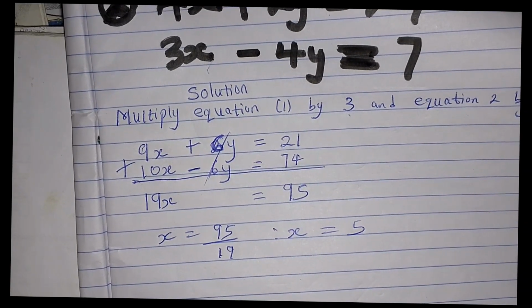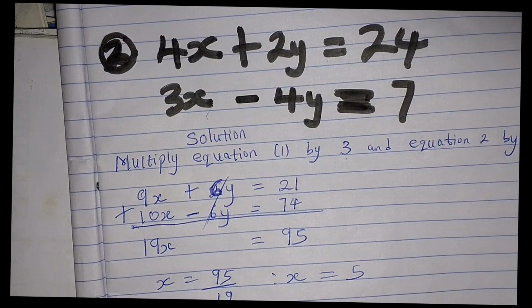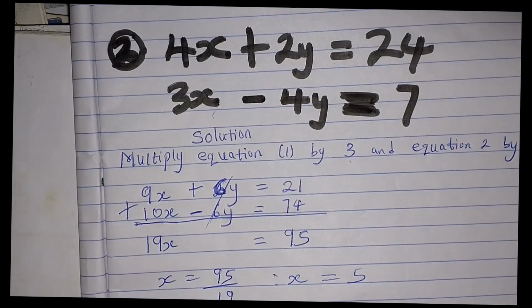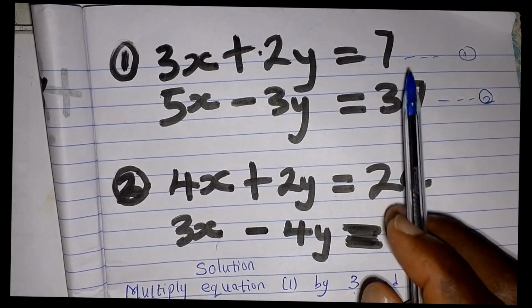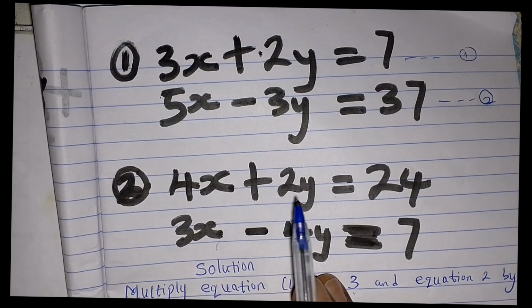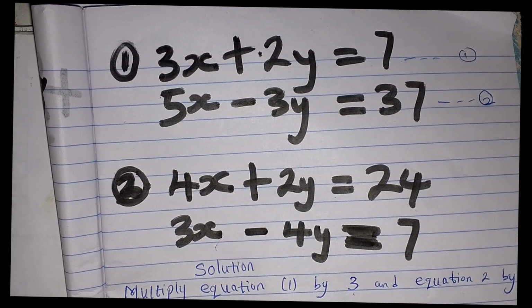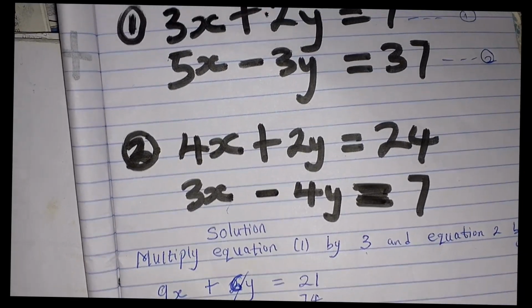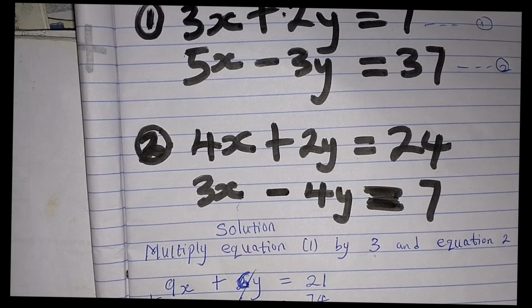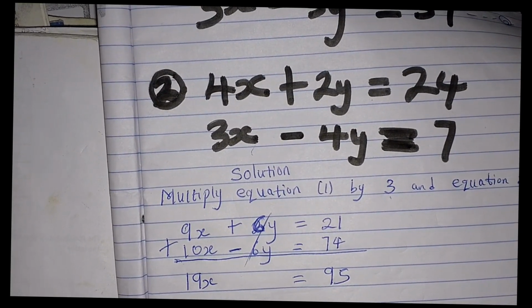Now, to get y, we simply substitute x equals 5 in any of the equations, either equation 1 or 2. So at this point, we want to use equation 1. So 3x will now be 3 times 5.